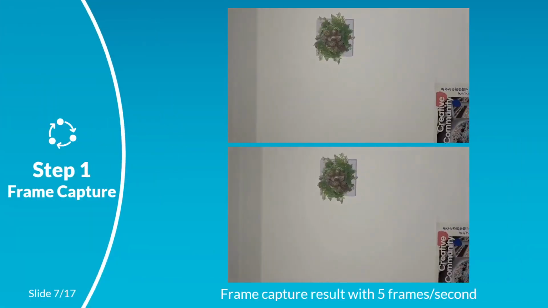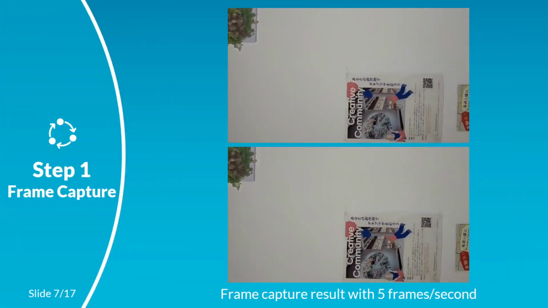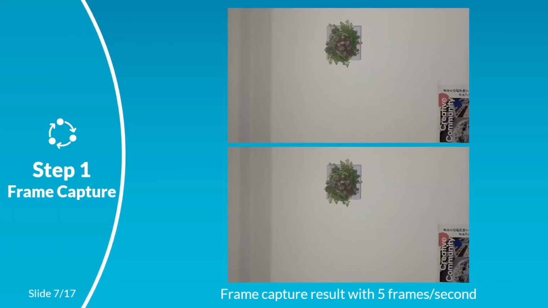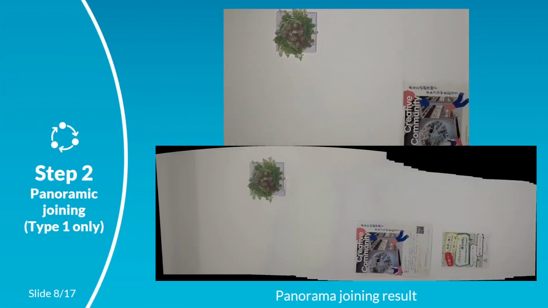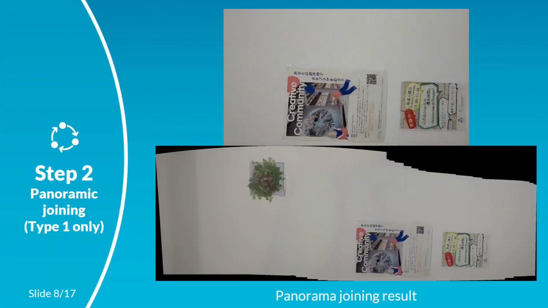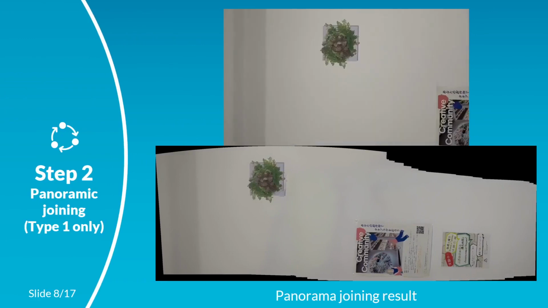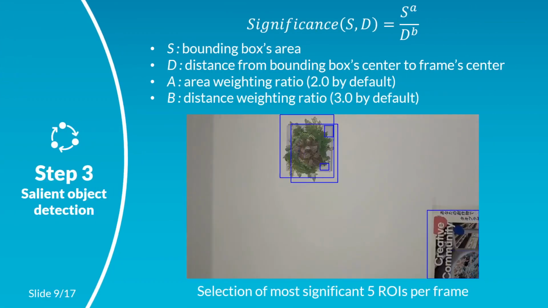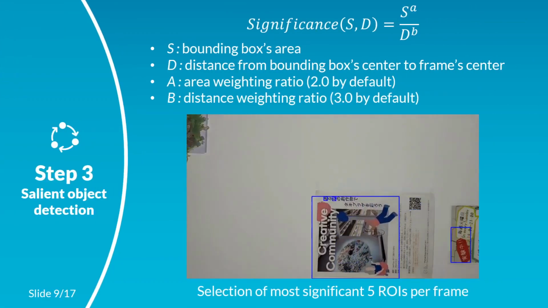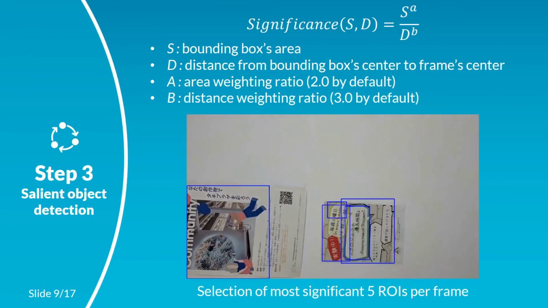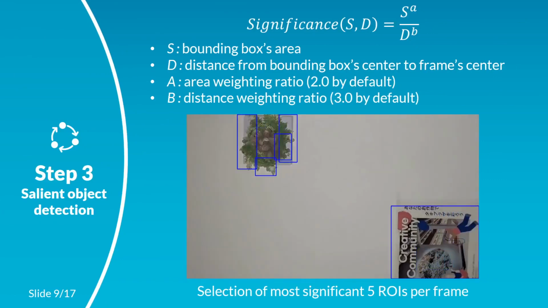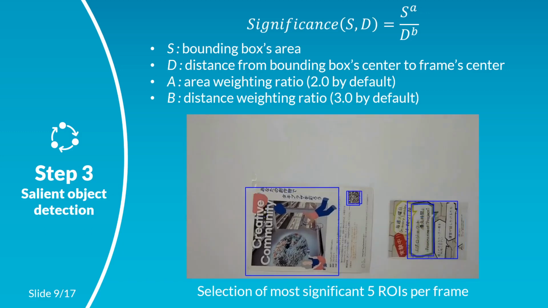First, we split the video into frames, as shown in a video with 5 frames per second. Next, we conduct panoramic joining to merge all frames into one. It is only for Type 1 videos. And then, we conduct salient object detection. On each frame, we select a number of most significant regions of interest, based on a heuristically defined function as shown on the screen.